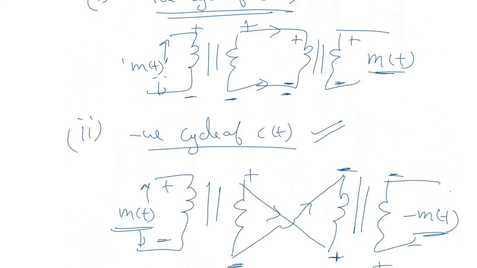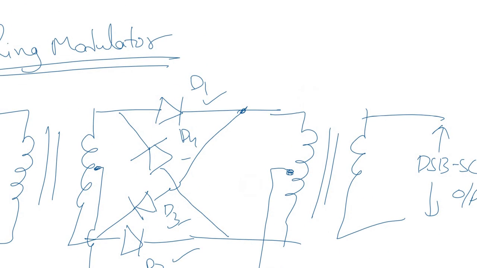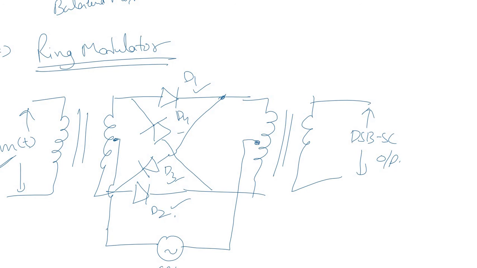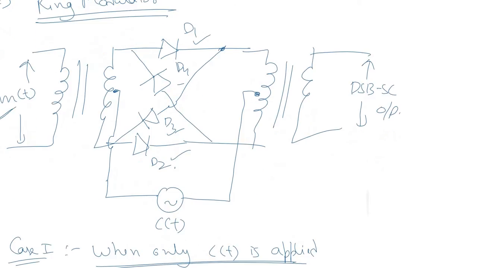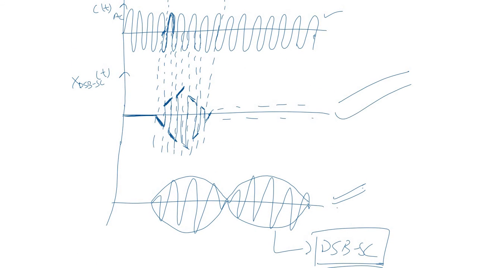Hence, in this manner, using a ring modulator with just four simple diodes, we are able to generate a DSB-SC type of signal, or multiply the message signal with the carrier signal, and we obtain the resultant as this. If we look at the envelope, it is something like this. It is nothing but the DSB-SC type of signal.